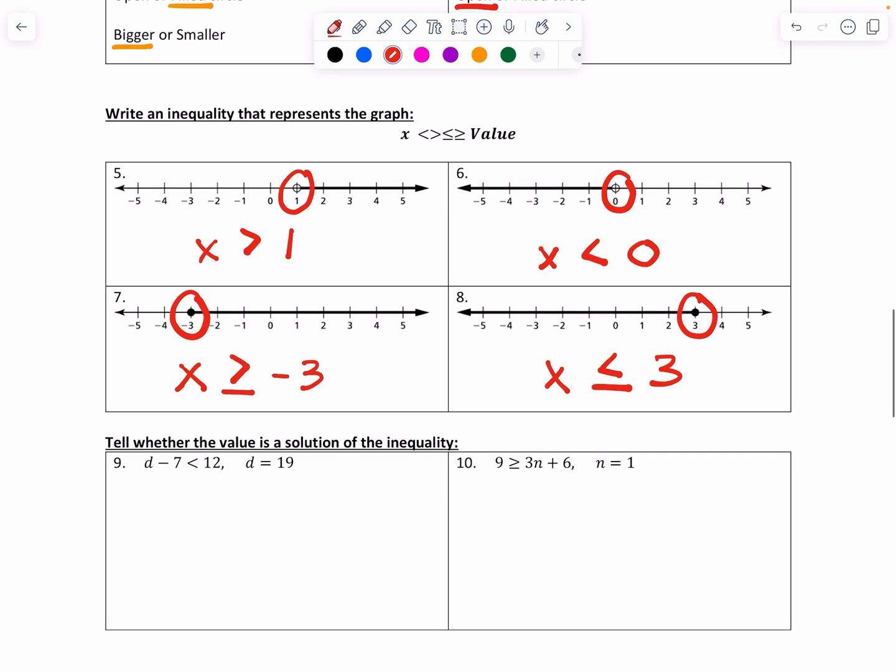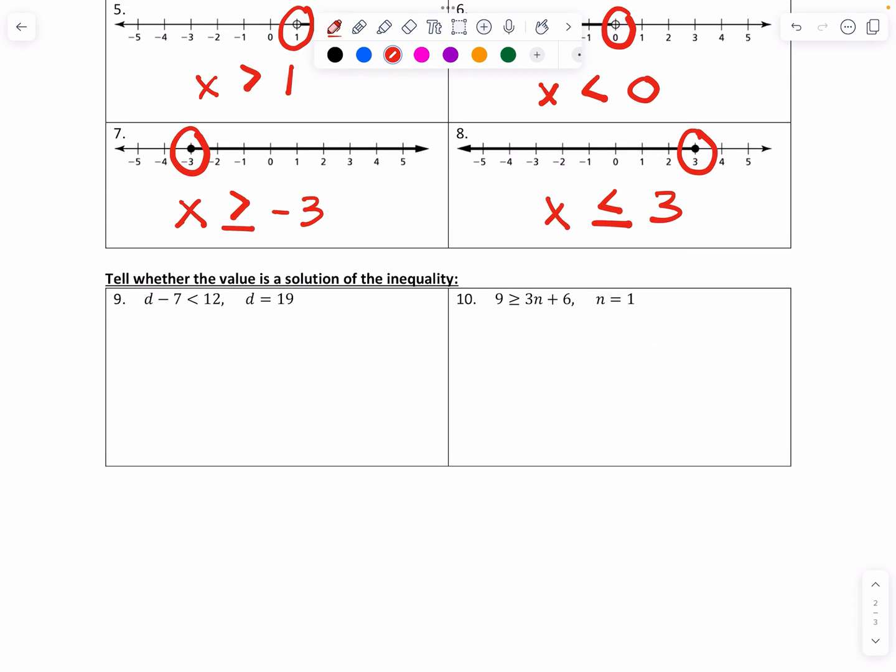All right, next problem. We want to tell whether the value is a solution of the inequality or not. So look at this value right here. If I take 19 and plug it in for D, I would have 19 minus 7 less than 12. I just want to see, is this a true statement or not?